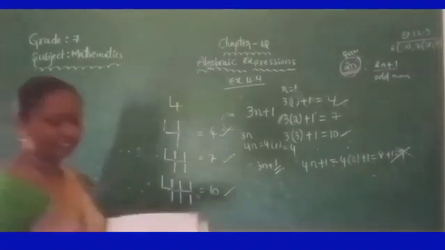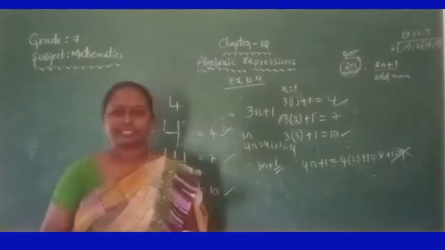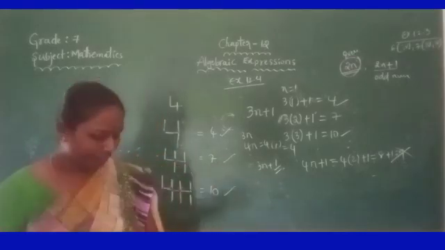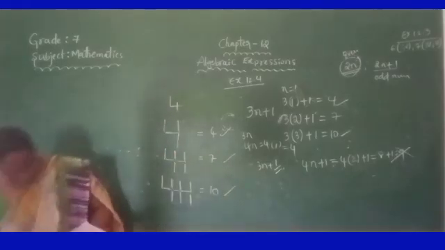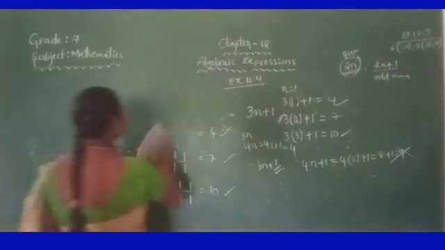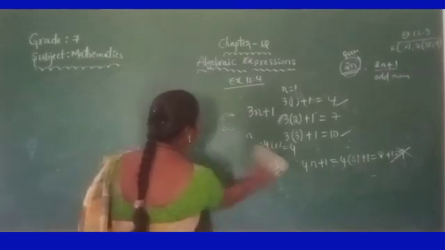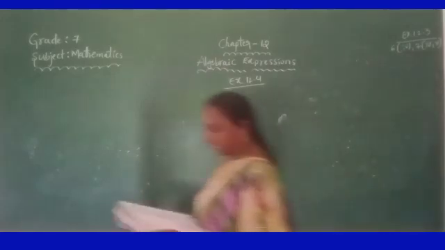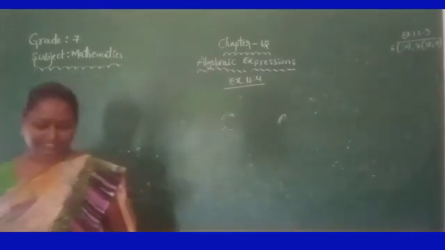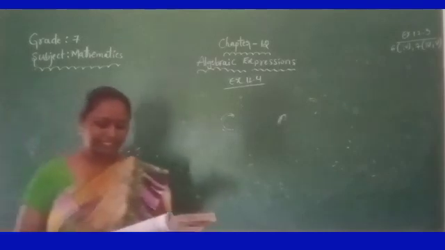Okay, children, next come to exercise 12.4. So here also some more patterns are there. We have to solve these problems. Now keep heading exercise 12.4. So first problem: observe the patterns of digits made from line segments of equal length.